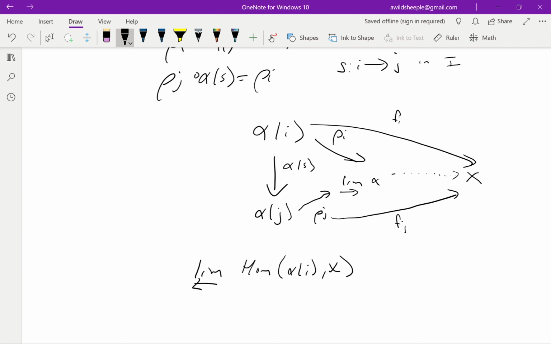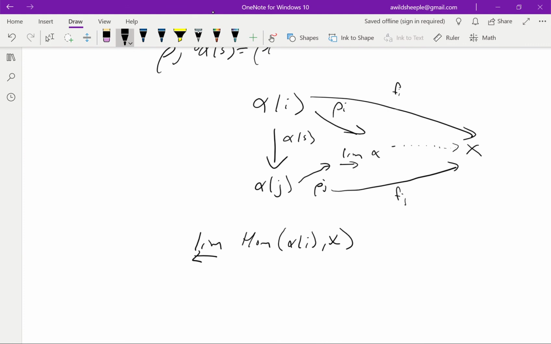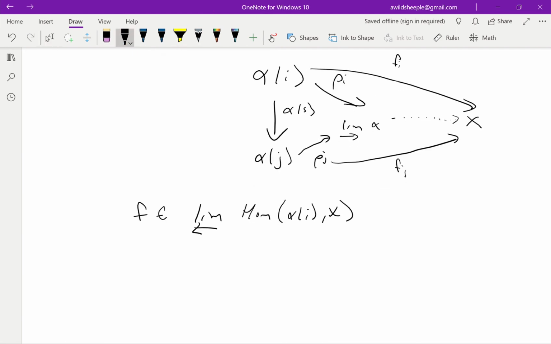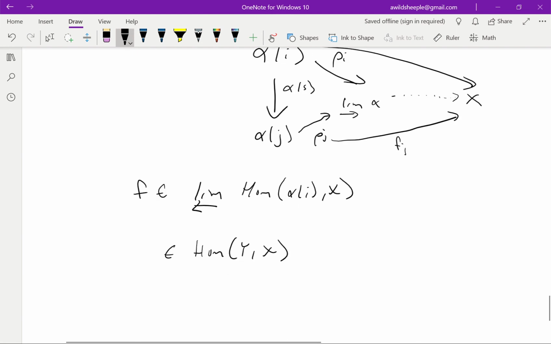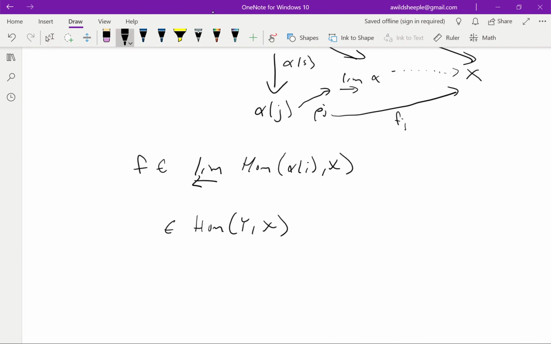But in particular, if I have such a thing, maybe I call this f, which is just some collection of these f i's, then this gives us an element in the limit itself, which is just hom y x. And that element has to be unique just by this construction. And so that establishes the universal property.